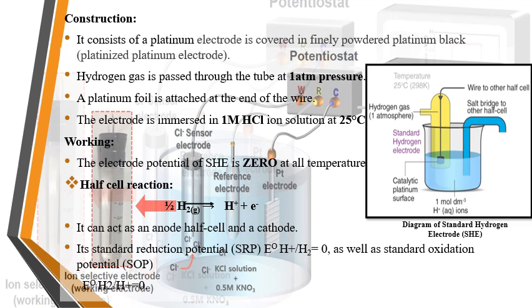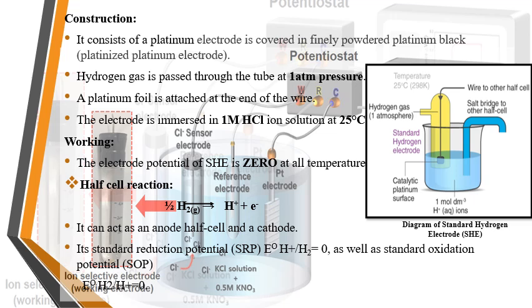The electrode is equipped with a gas inlet that allows hydrogen gas to flow over the platinum surface. The hydrogen gas used should be of high purity. It is often supplied from a gas cylinder and needs to be free from impurities that might affect the electrode's performance.